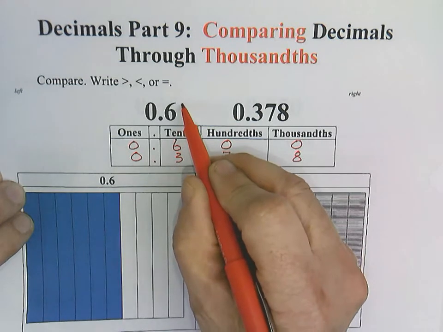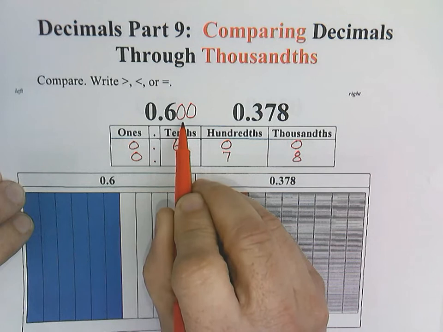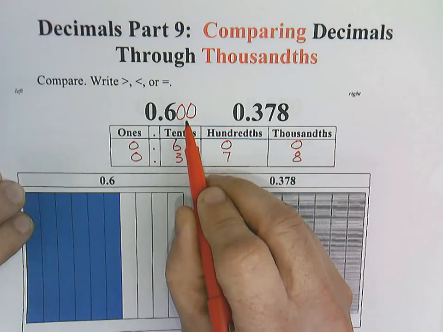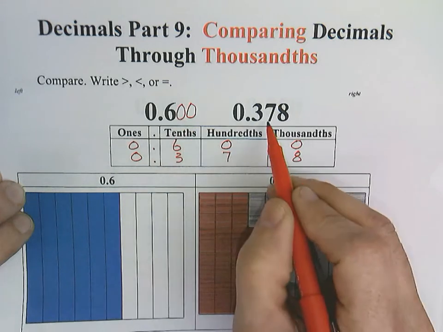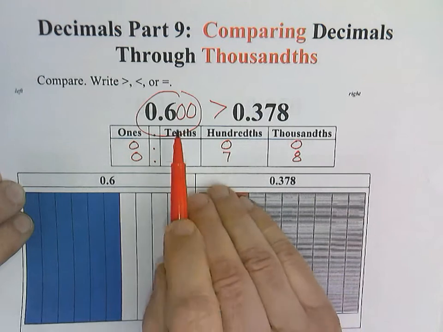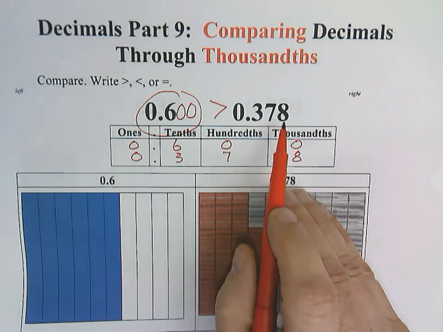In other words, if I were to add these zeros, 600 is greater than 378. In other words, 600 thousandths is greater than 378 thousandths, and we would express this as the original problem: 6/10ths is greater than 378 thousandths.